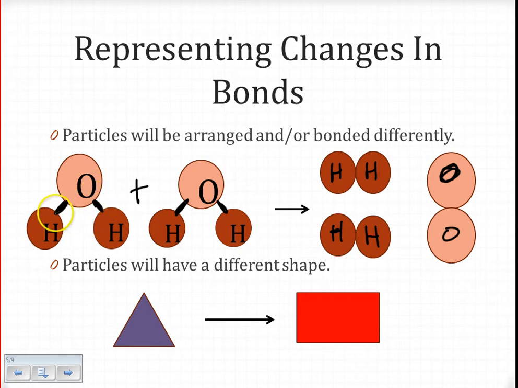So now instead of hydrogen being bonded to oxygen, hydrogen is bonded to itself, and we show that by the overlapping spheres. Water at normal temperatures is a liquid, but now we've changed the composition, and this is a gas and this is a gas. Hydrogen, we find as a gas. We find oxygen as a gas. So this is one way we represent changes in the bonds.